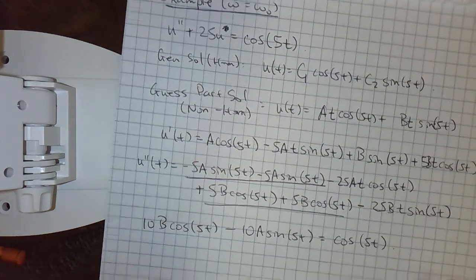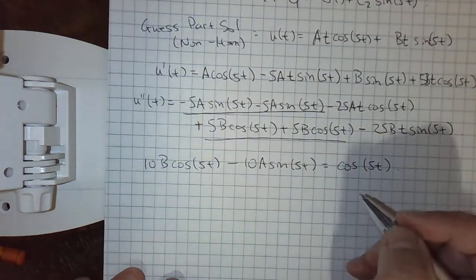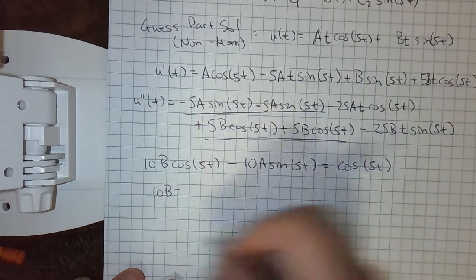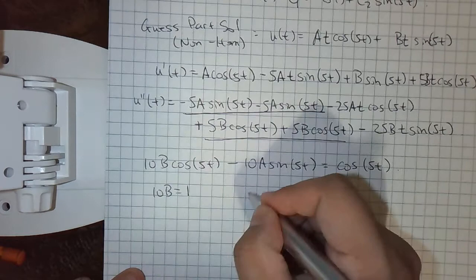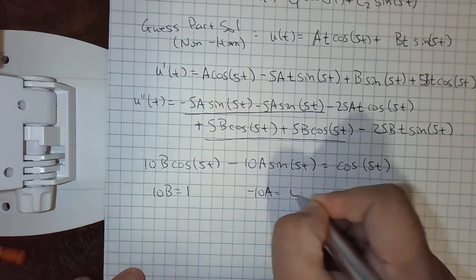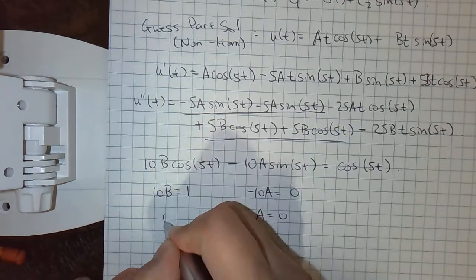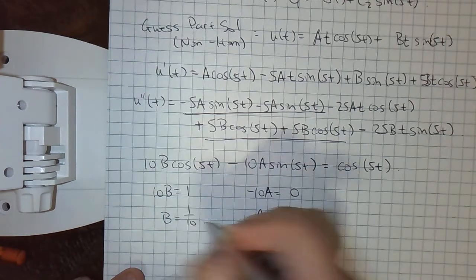This has to be true for all values of t, meaning we can just compare the coefficients. So 10b on the left equals 1 on the right, and negative 10a on the left equals 0 on the right. There's no sine 5t term. So a is 0, b is 1/10.